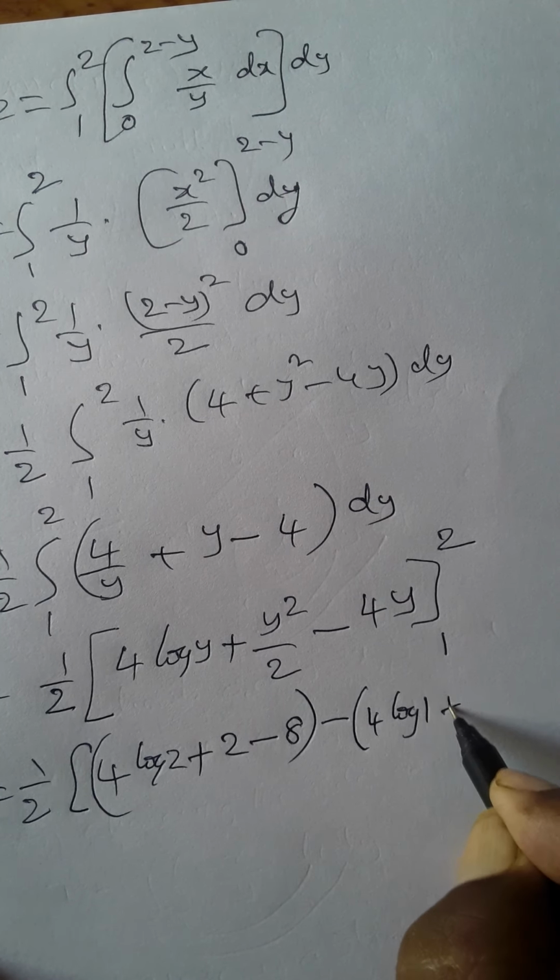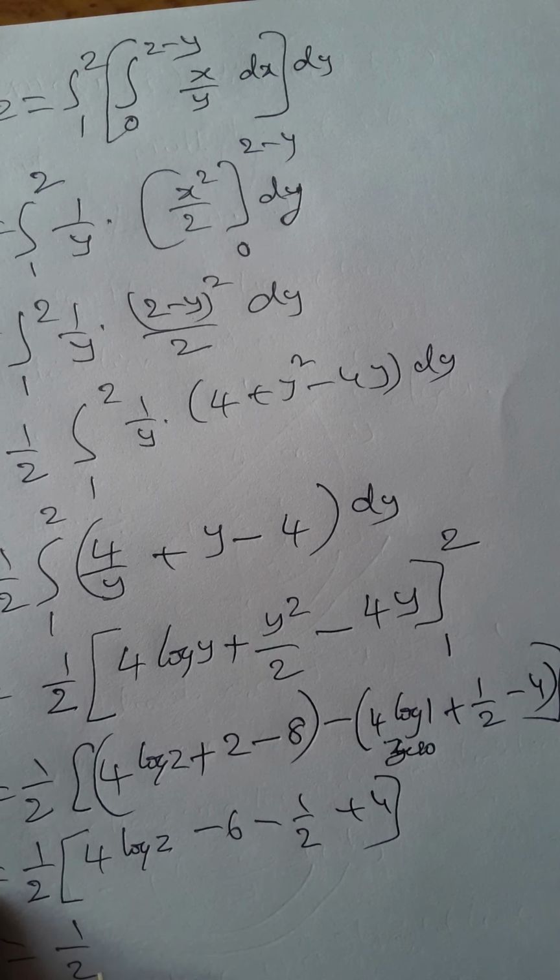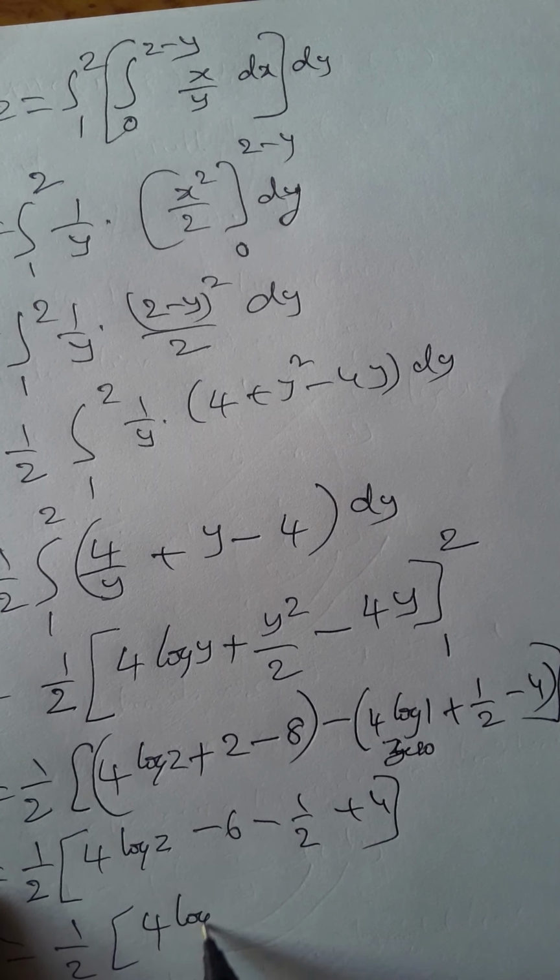Log 1 is equal to 0. So 4 log 2 minus 6 minus 1 by 2 plus 4, that is 4 log 2 minus 2 minus 1 by 2, minus 5 by 2. Dividing by 2, 2 log 2 minus 5 by 4.